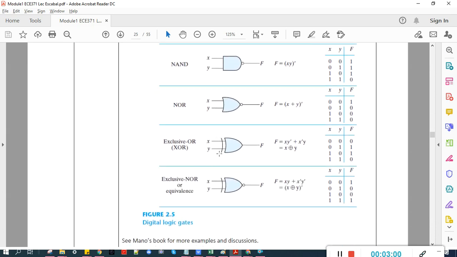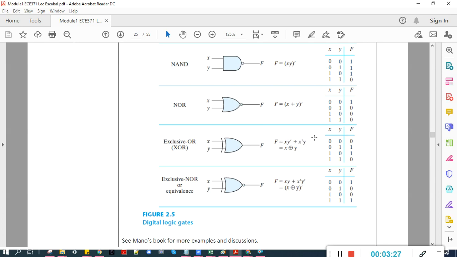Now this is the symbol for the exclusive OR, which has this Boolean function xy prime plus x prime y. As we discussed previously, this means that only one of the inputs must be high. One is high, the other is low.